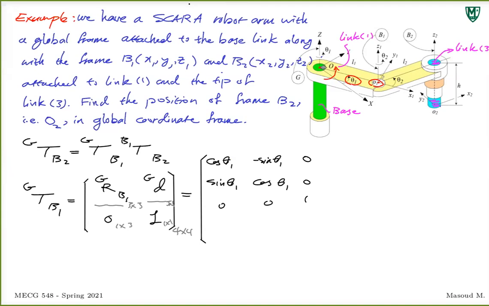What is dg? The coordinate of point O1, the origin of B1, in the global coordinate frame, or the position of O1 in the global coordinate frame. It has to be a vector, right?